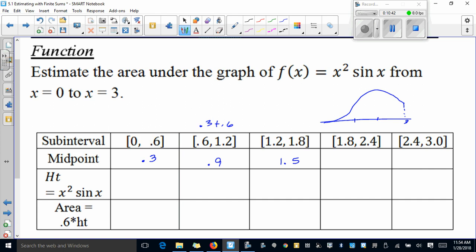Okay, so now that we have our midpoints, what we're going to do now is look at this going, this is 1. So I need to be way over here at 3, which is going to give us a very minute value. But now keep in mind my interval, though, is 1 to 6. So here's 0.6, here's 3, and that's going to be my rectangle I'm going to draw. And this is 0.6.